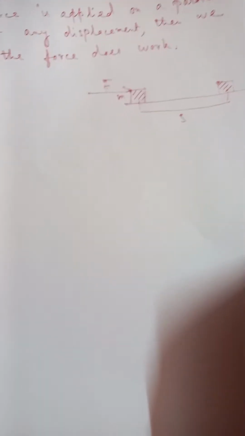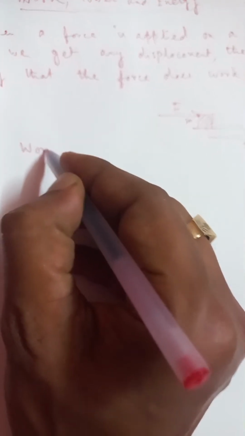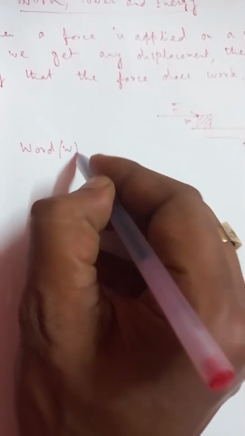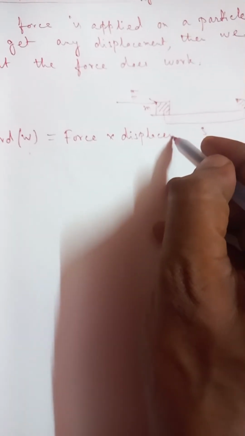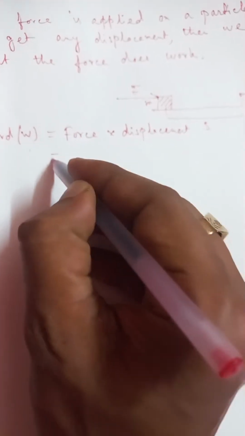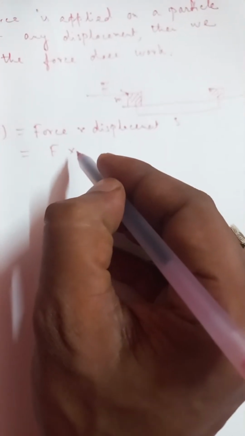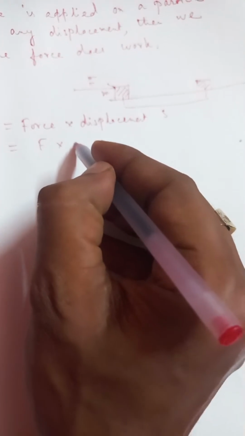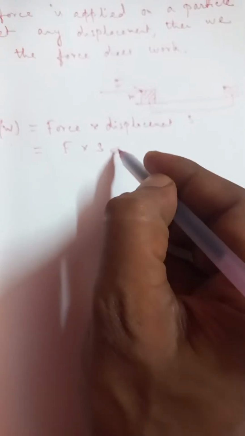Then we say that the numerical form of the work is equal to force multiplied by displacement. So this will be force F multiplied by displacement S. This is the numerical form of the work.